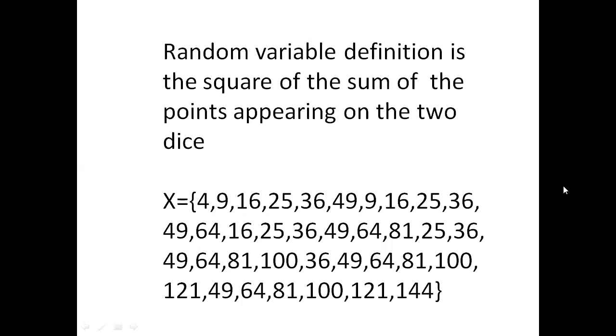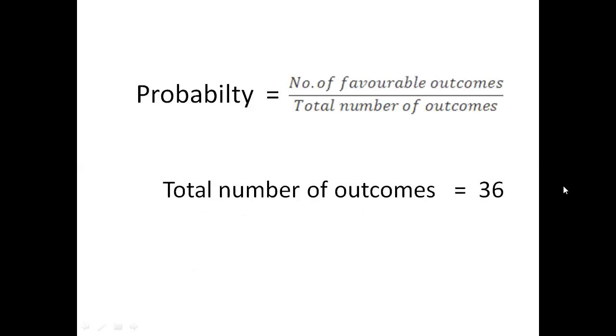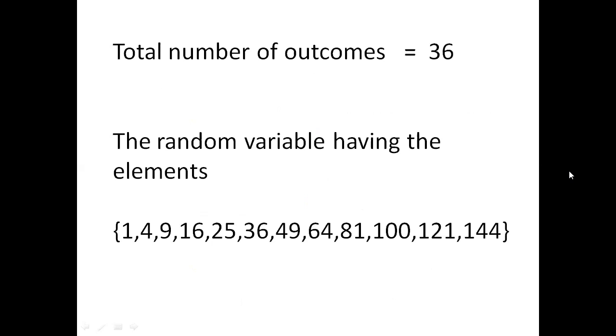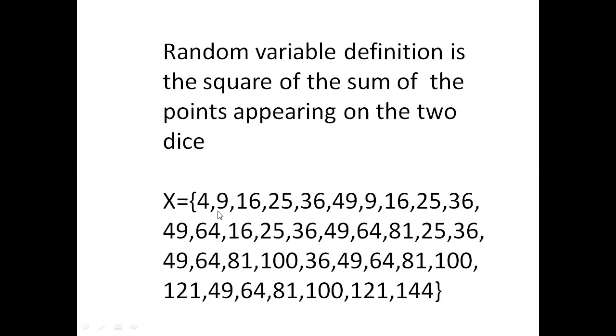That's why the number of favorable outcomes for 4 is 1, divided by the total number of outcomes, 36. What is the next element in the random variable? 9. How many times will 9 be repeated here? 1, 2. That means the number of favorable outcomes is equal to 2.